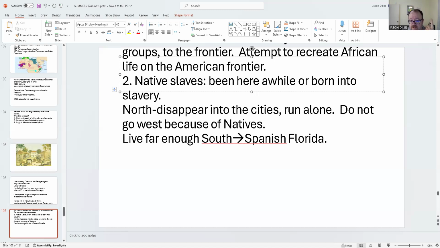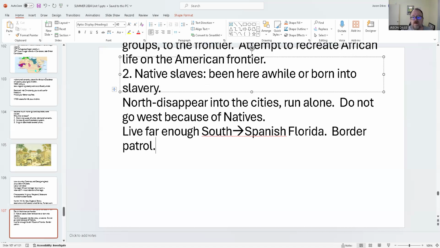One, it pisses off the English, but also Spain is always looking for more help for the border patrol. So if you're a slave and you're far enough south, you might head for Florida and attempt to disappear into that part of the world. And enough did for it to constantly be a pain in the butt for people living in the southern colonies and then later in the southern states after the American Revolution.